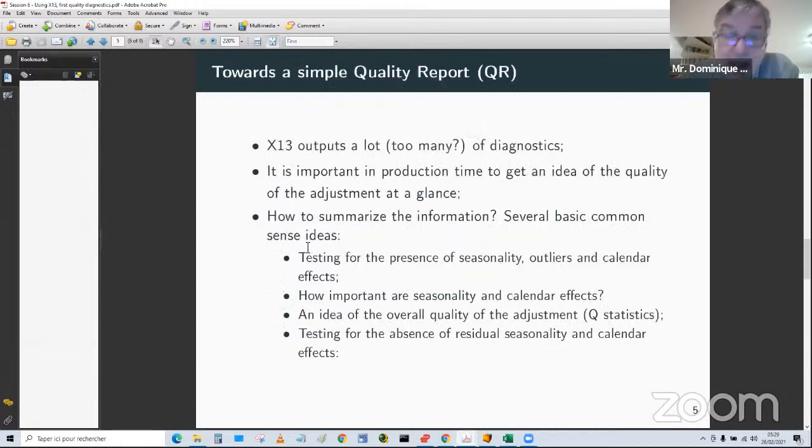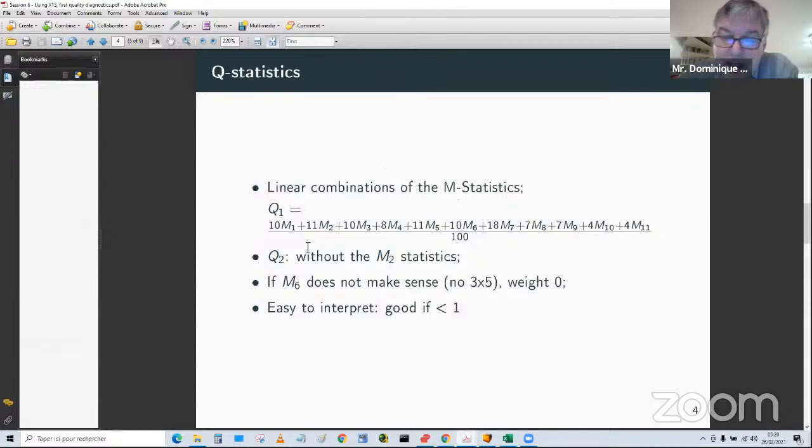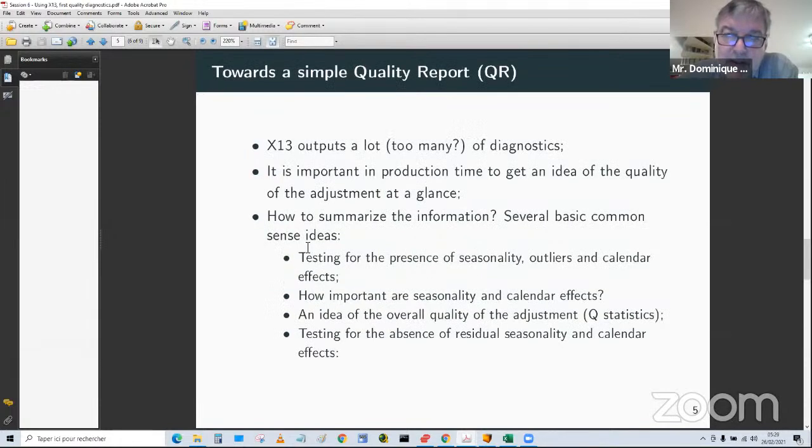So now, we already saw very briefly that you have an incredible number of quality diagnostics output by X12 or even TRAMO-SEATS.